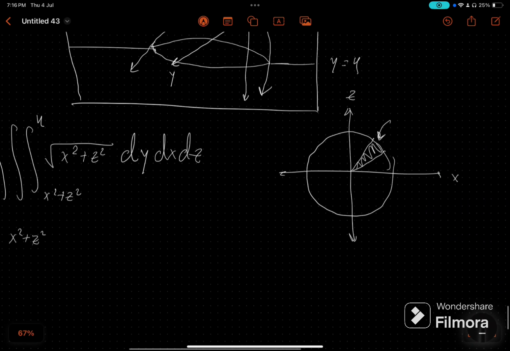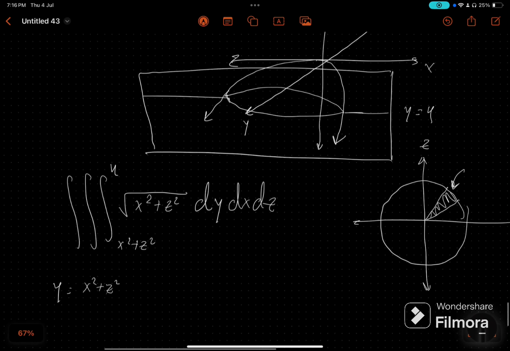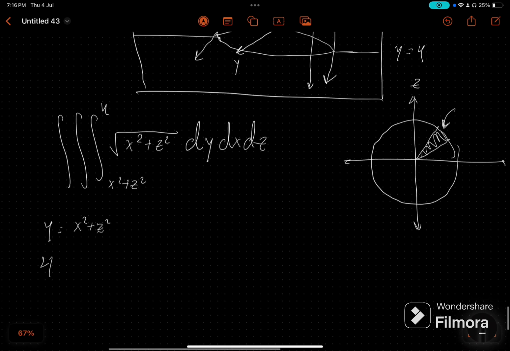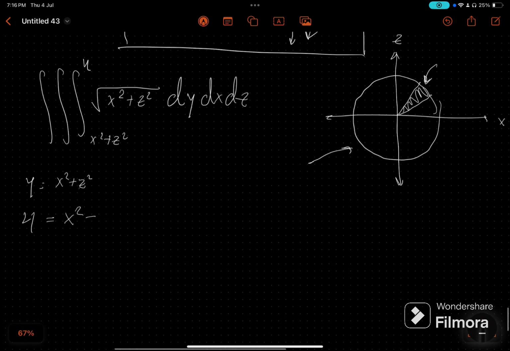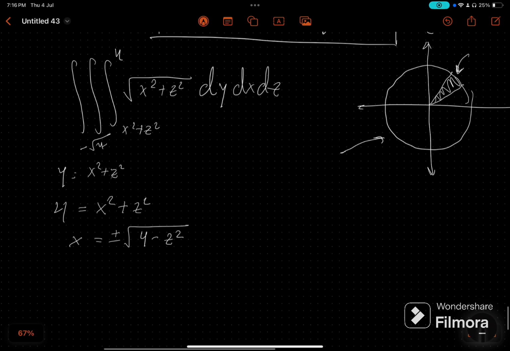Now for the x, if we let y equal 4, which is our graph here, the circle, which is the upper limit also of our graph, so 4 equals x squared plus z squared. And so the x is gonna be basically plus or minus the square root of 4 minus z squared. And now this is our limit, 4 minus z squared.